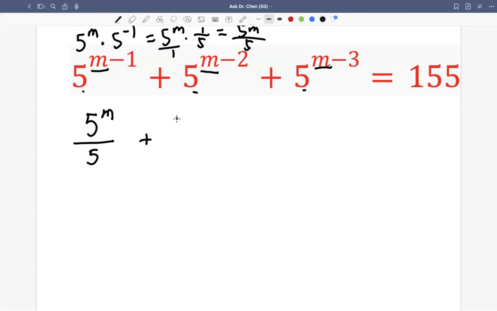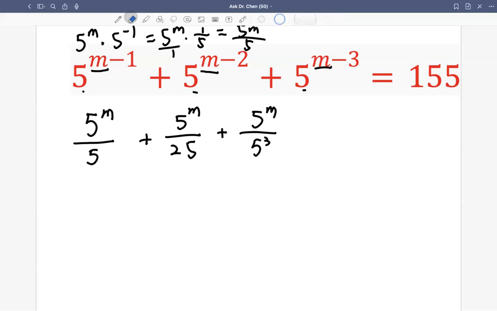So similarly, we can write 5 raised by m minus 2 as 5 raised by m divided by 5 squared. Well, 5 squared is 25. 5 times 5, 25. Then the third term is 5 raised by m over 5 raised by 3.